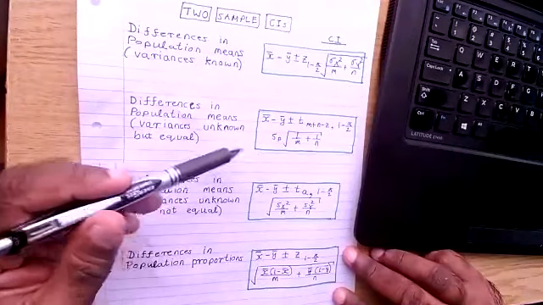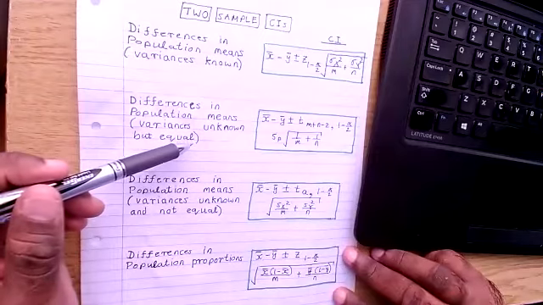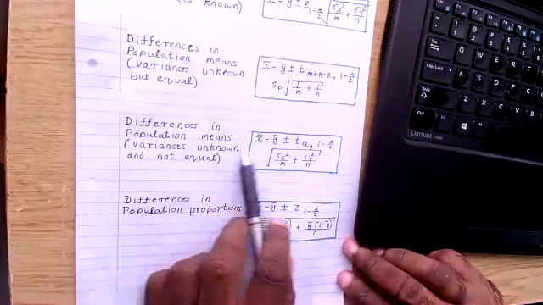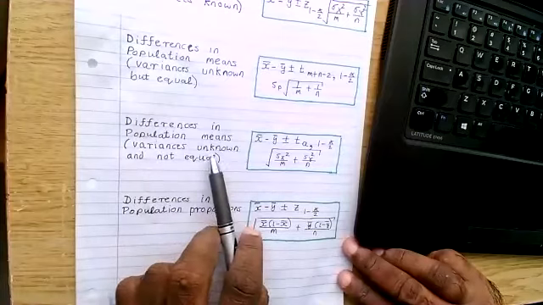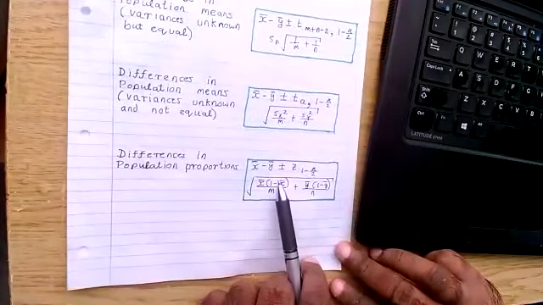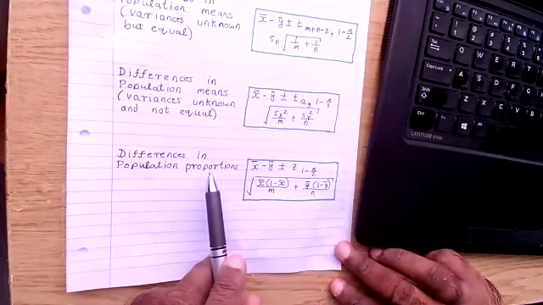The second one is for the difference in population means when the variances are unknown but equal. And the third one is for the differences in population means when the variances are unknown and not equal. And the final one, which is this one, is the confidence interval for the difference in proportions.